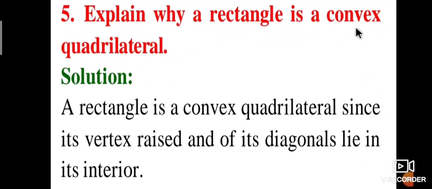Explain why a rectangle is a convex quadrilateral. A rectangle is a convex quadrilateral since its vertices and its diagonals lie in its interior region.